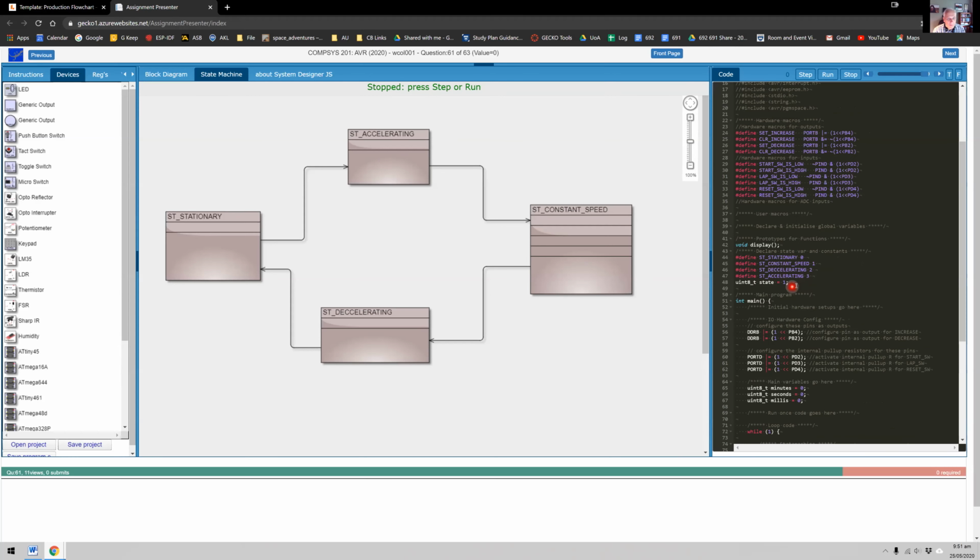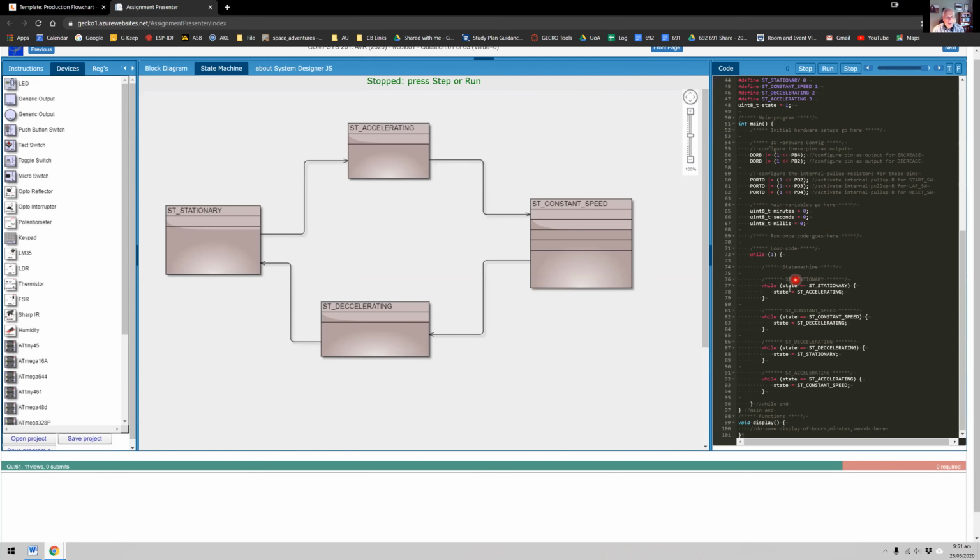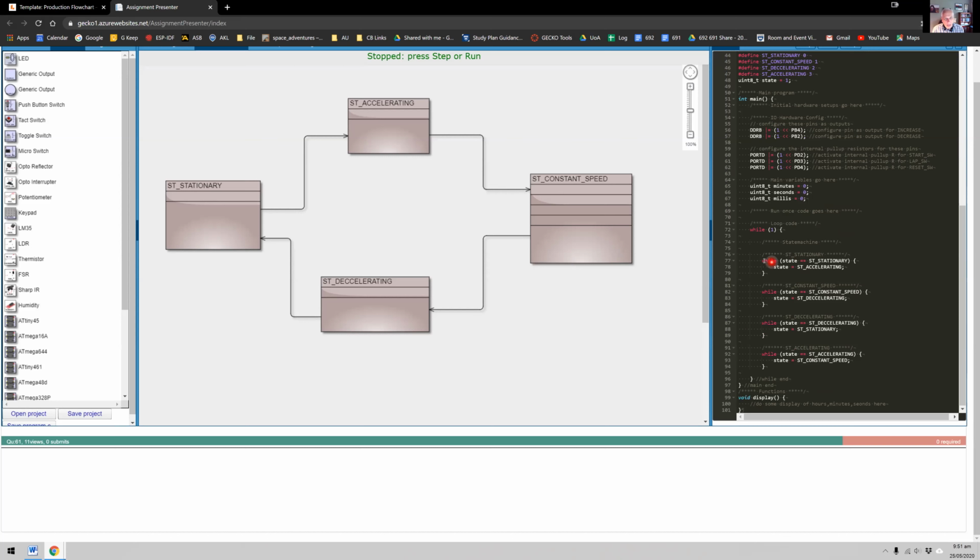And you can see that my 4 states are represented by a while statement for each state. So while this state is stationary, do whatever's in here. Well, the only thing that's here at the moment is a transition. So the moment you enter this state of stationary, you immediately change state to accelerating. And then it comes down here and we'll go into the accelerating state, okay?